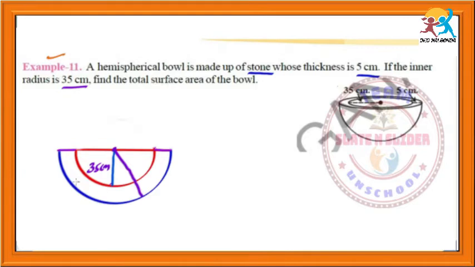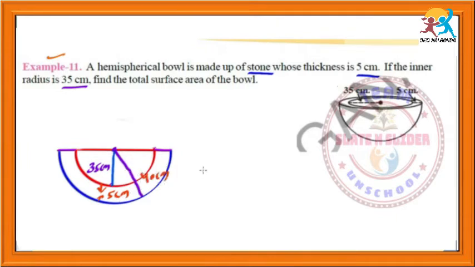Thickness means the difference between the radii of the outer radius and the inner radius. So this is called the thickness. So this thickness is 5 centimeters. So the outer radius will be 35 plus 5, that is 40 centimeters.